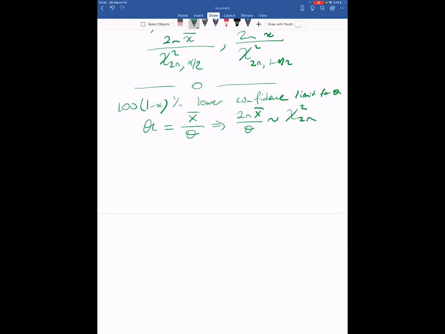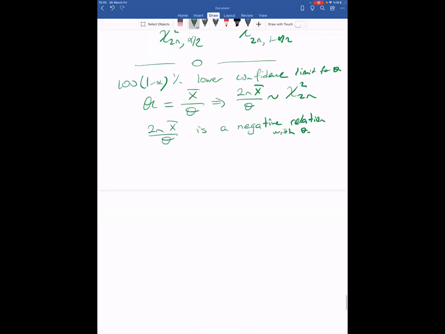So how can we do that? When we look at the form, 2n x bar over theta has a negative, an inverse relationship with theta.